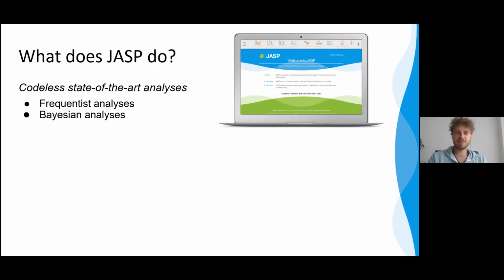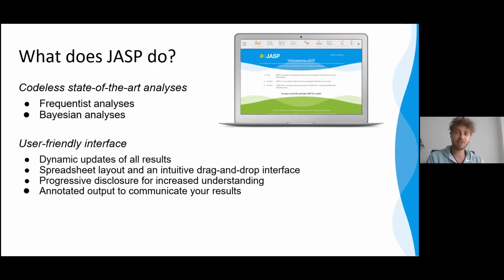So it's specifically focused on those things. And then it gives us a user-friendly interface to perform these analyses, right? So without any code. What is nice about JASP is that it also dynamically updates our results, which I will show how that works later in the presentation. And we can, for example, clearly annotate our results for communication. Also more about that later in the presentation.